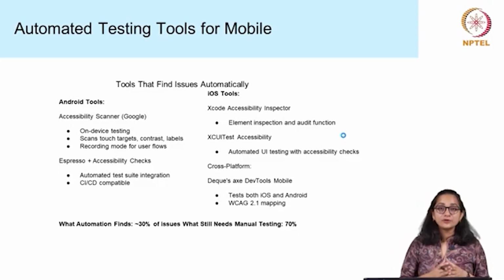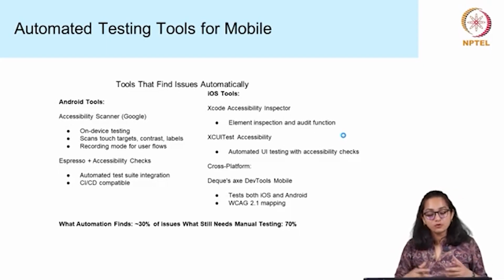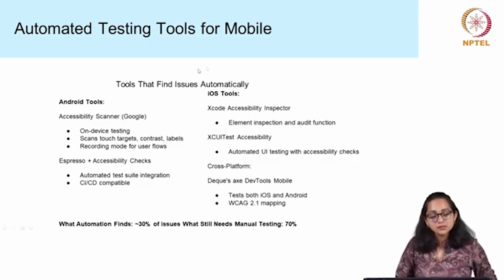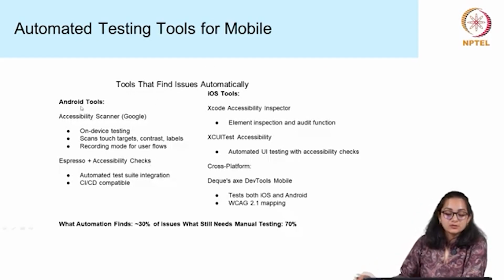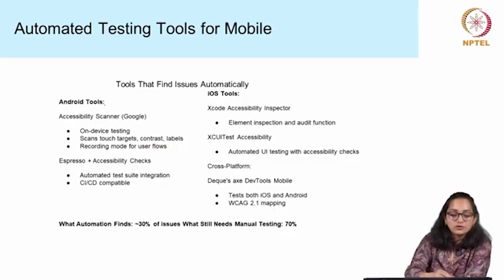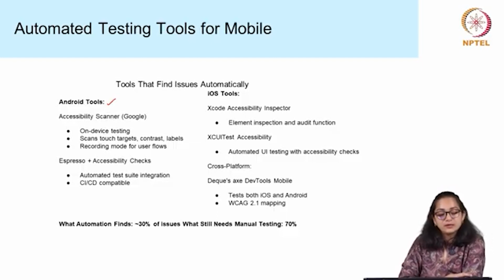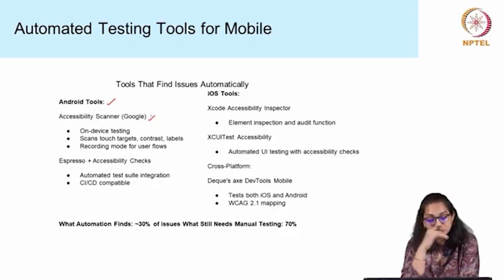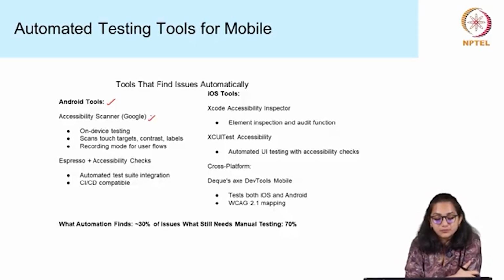So what are the different tools that we can use for accessibility audit and accessibility testing? One is of course your Android based tools, which is your Accessibility Scanner, which is a Google based tool. It is available free and you can utilize that.